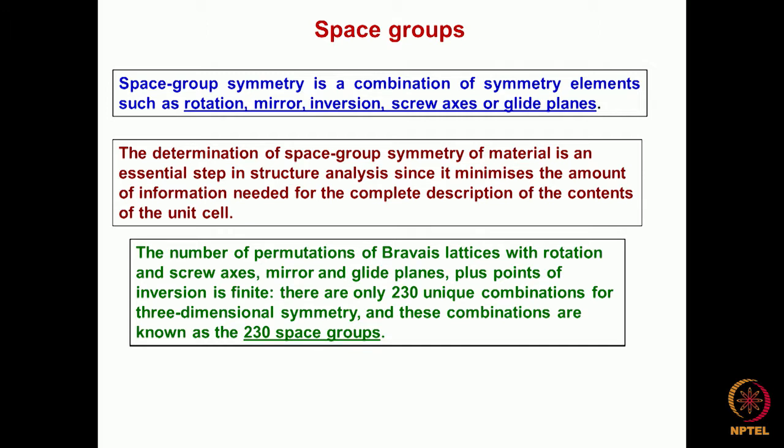On the basis of the symmetries generated, we find that distinctly 230 groups are possible. When we generate these space groups, we are doing it around a lattice, so now we are generating crystals. Of all the types of symmetry which crystals can have, there are only 230 types.